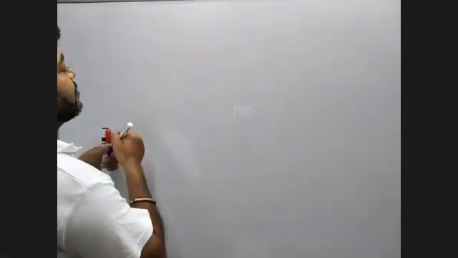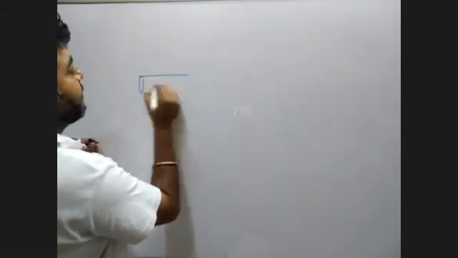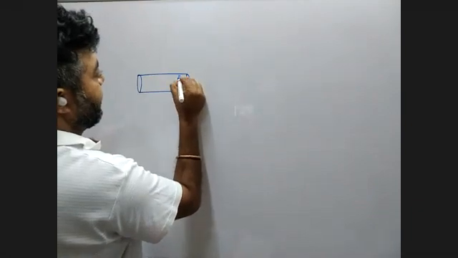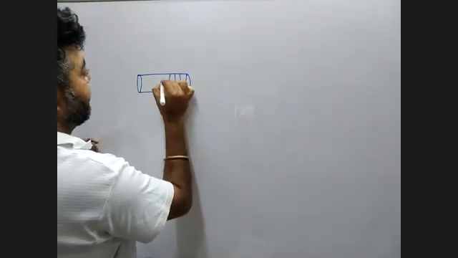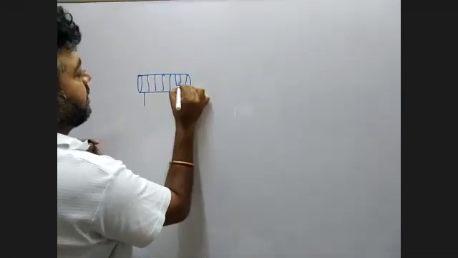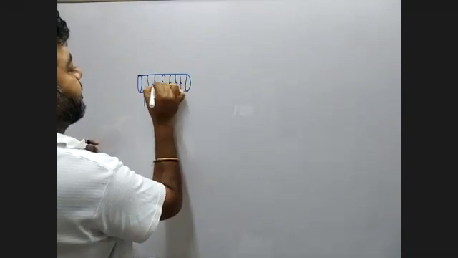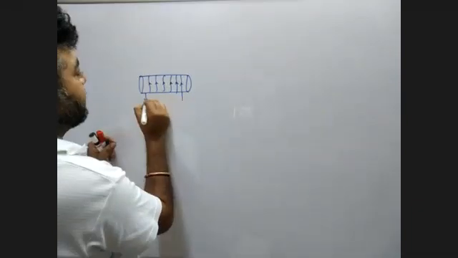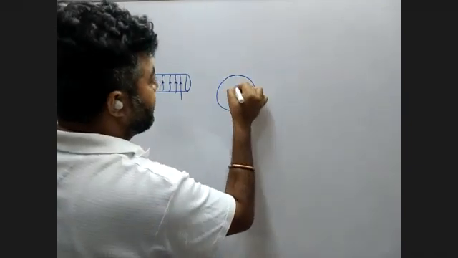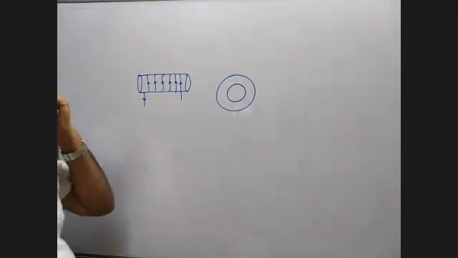Next is toroid. So what is a toroid? If we take a solenoid and make it circular like this one, then this is called a toroid.